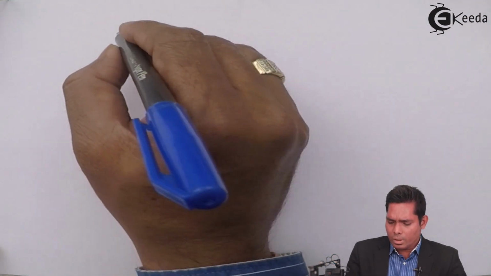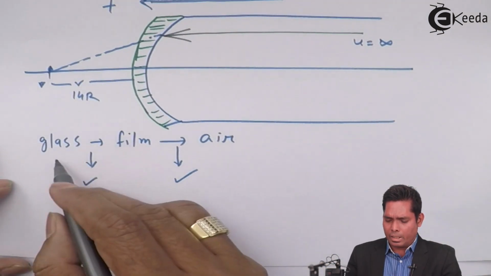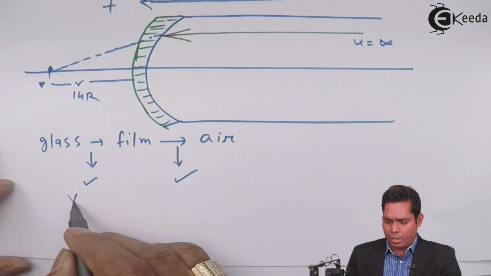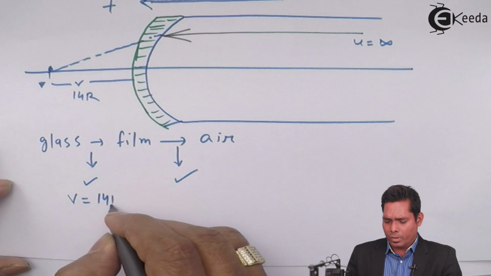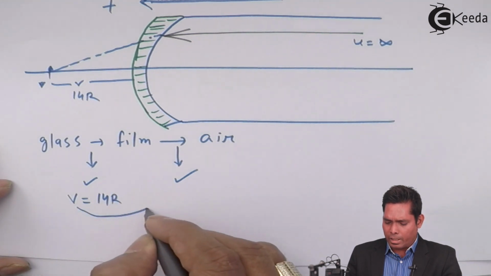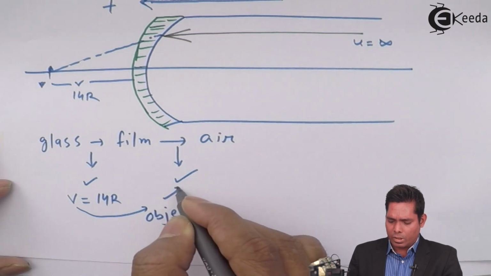Now that the 14 R is formed, we'll consider the situation that the one situation we have already considered, from glass to film, we got V as 14 R. Now this V will be treated as object for this situation.